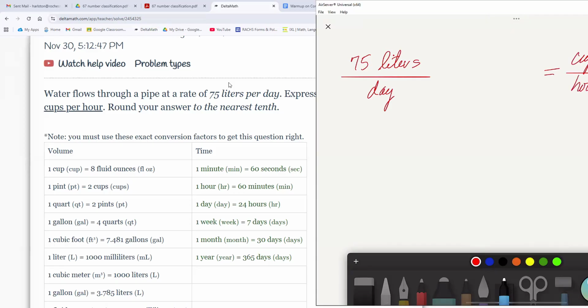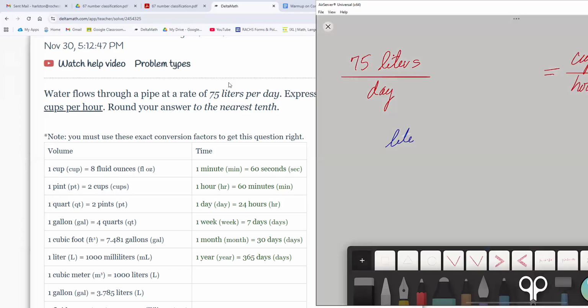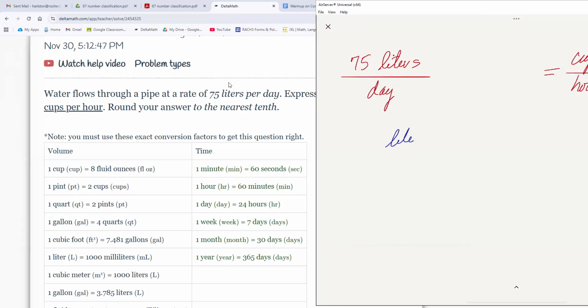Now, what we are going to do is take the top, the numerator, the liters, and convert that to cups. And then we're also going to convert the denominator, days, into hours.